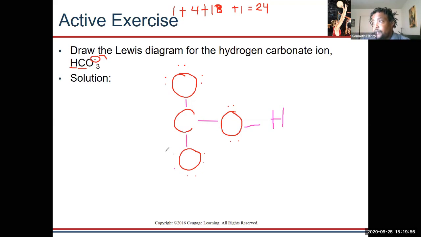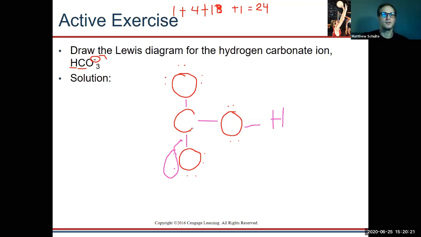Okay, so is that going to work for us? Don't you need 2 more atoms around the C? I do need 2 more atoms around the C. Good eye. So I'm going to borrow those, and then we're sharing a total of 4 electrons.